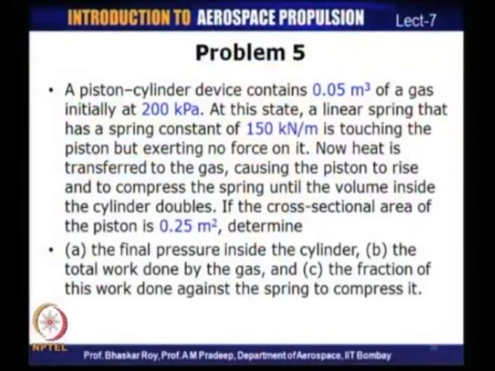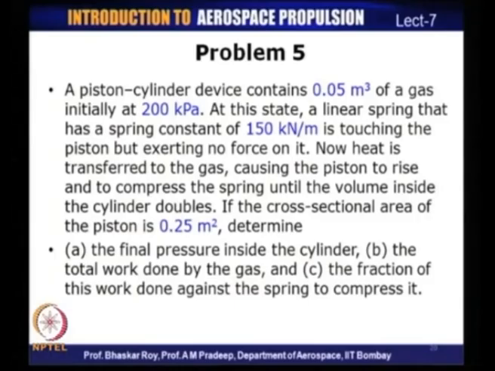Now, let us look at the fifth problem we have for discussion during today's lecture. This problem is about a piston cylinder device, which contains 0.05 meter cube of gas initially at 200 kilopascals. At this state, a linear spring that has a spring constant of 150 kilonewtons per meter is touching the piston, but exerting no force on it.